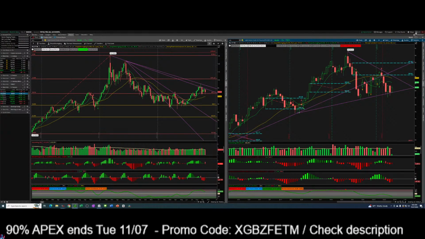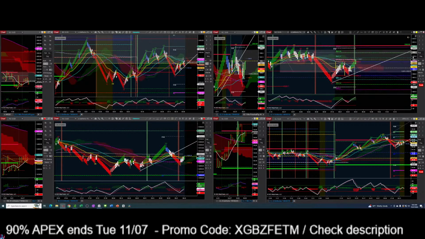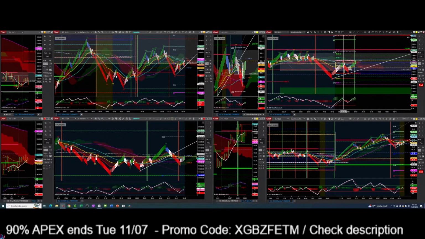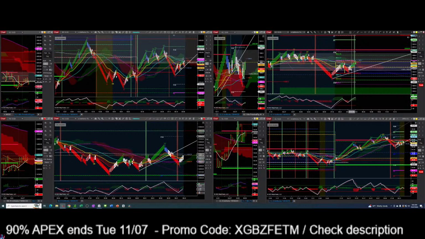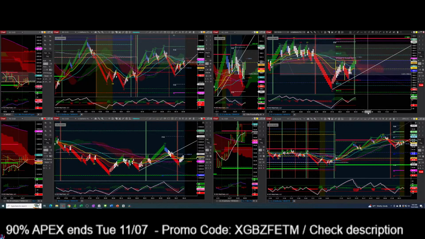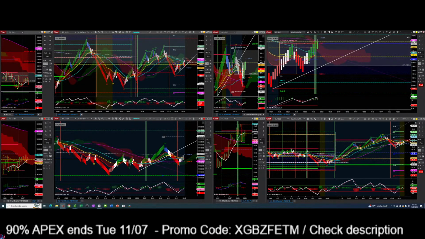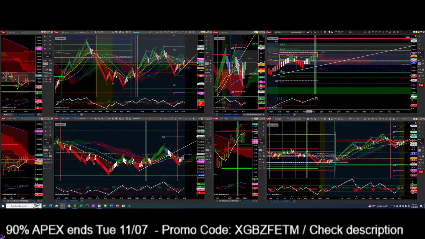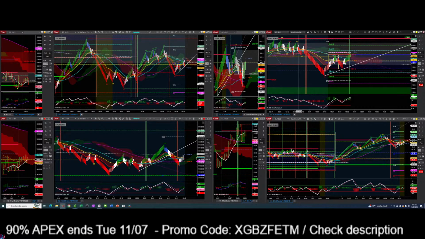Okay, so trend reversal breakout, not that much strength on the break. In gold, we are in the range of resistance right off of this box here.